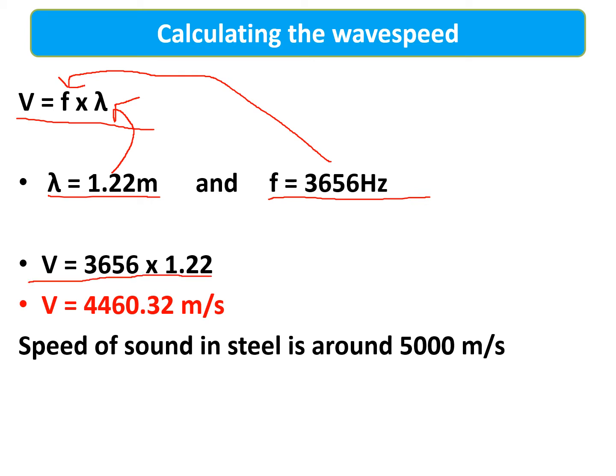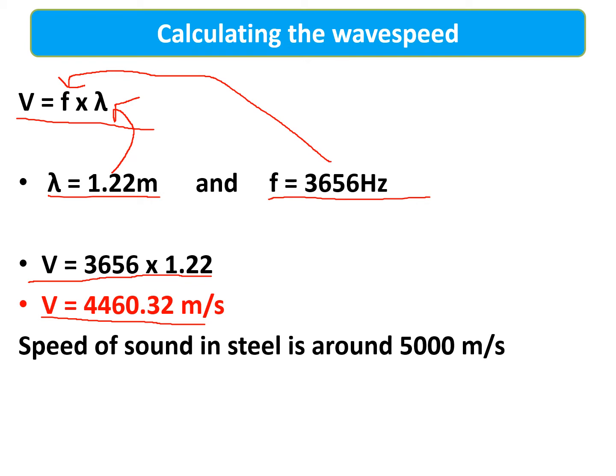Of course, as I'm sure you are aware, you are always out of calculator, so you want to use one, and we get the answer of 4,460.32 meters per second. Obviously, in an exam, they might choose how many decimal places or how many significant figures to use. Generally speaking, 2 decimal places is always a pretty sound guess to go with if they haven't specified.